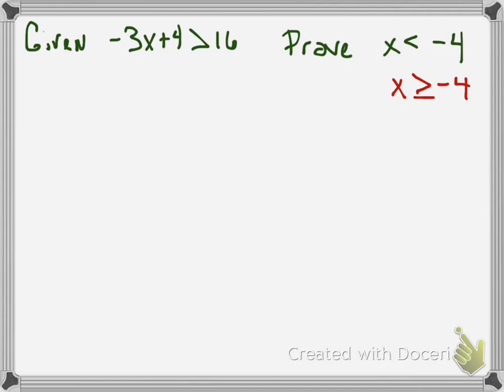Anything that would be not less than. So I'm saying x can be either negative 4 or greater than negative 4. If I choose a number like negative 4 or something greater than negative 4, I should get an answer that would be greater than 16.